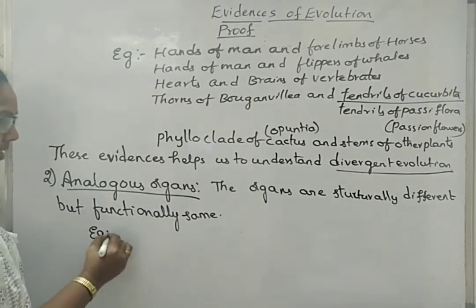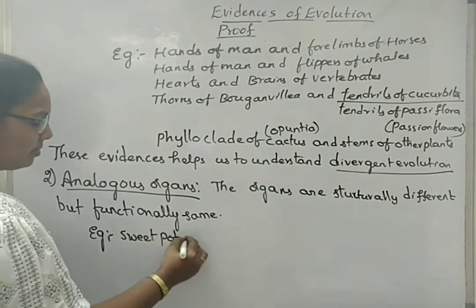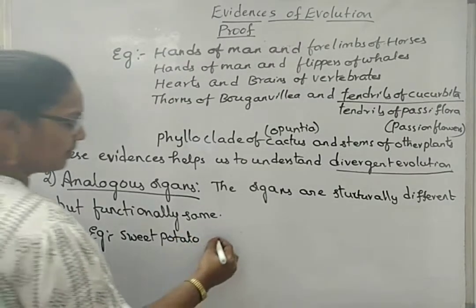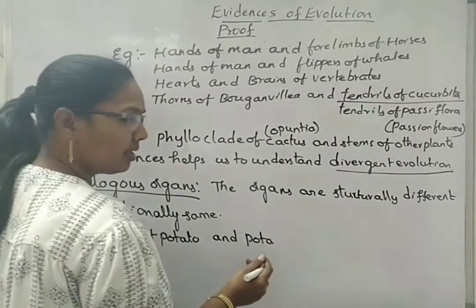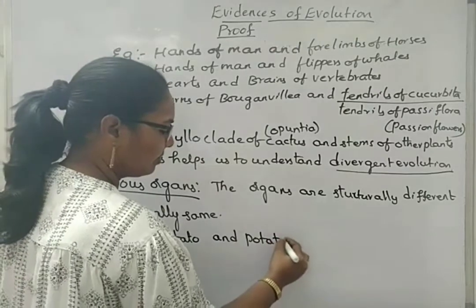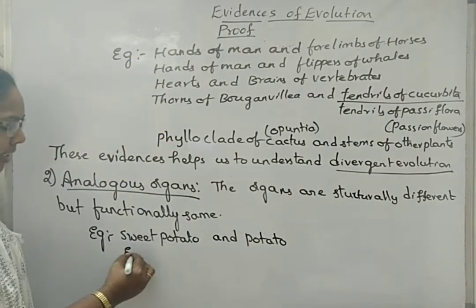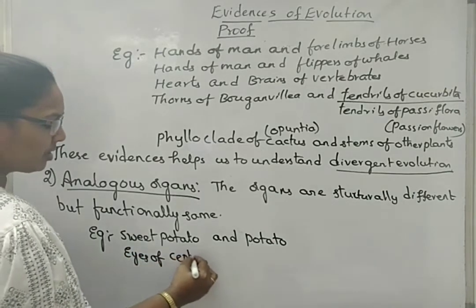Here we can take examples like sweet potato, which is an adventitious root, and normal potato, which is a modified underground stem. Next, another example is eyes of cephalopods.